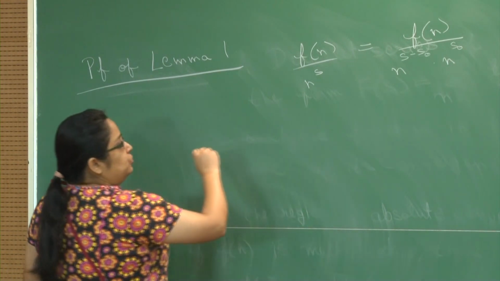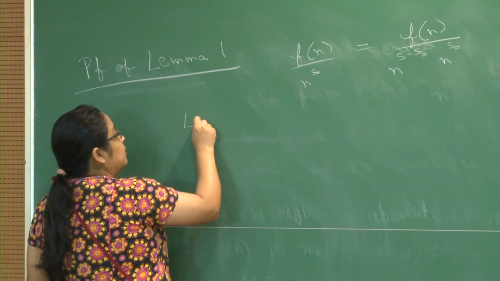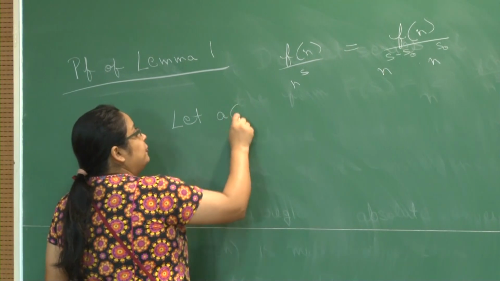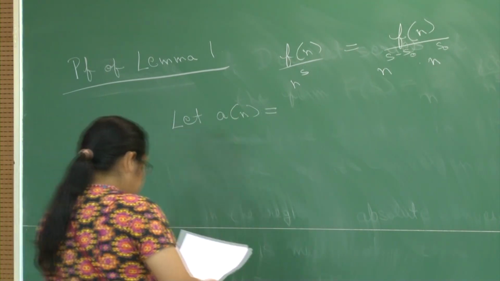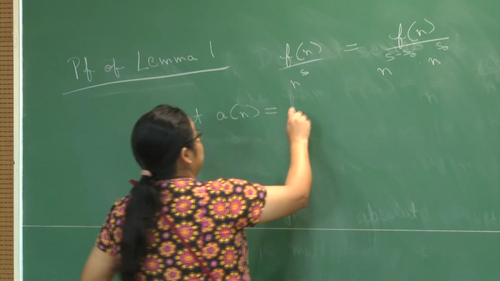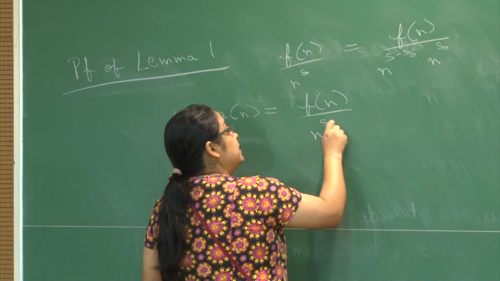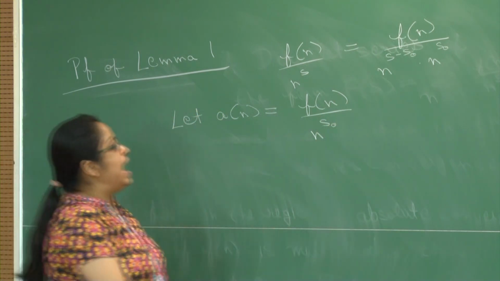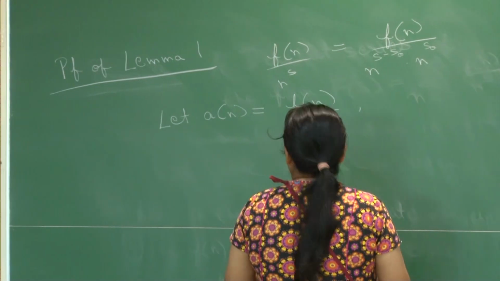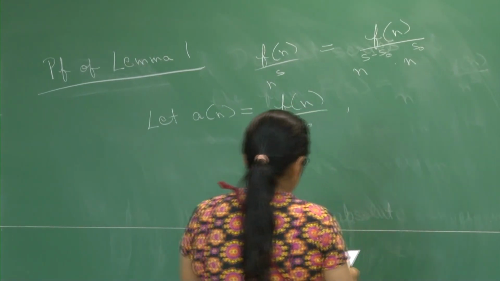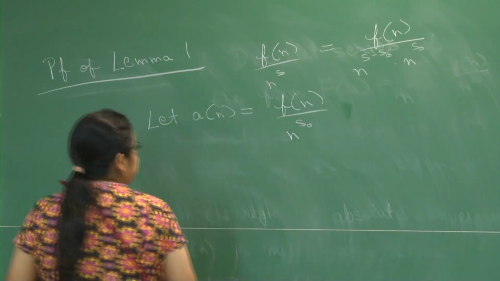So now what you do is you let A of n be equal to f of n over n raised to the s0, so let this be A of n, and so what does this mean?